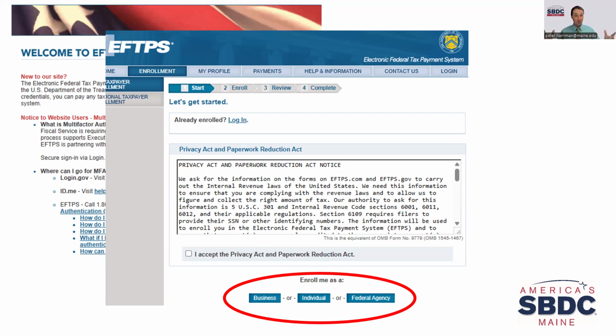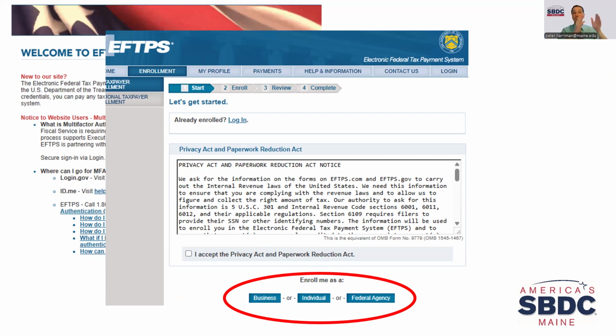But for all of these forms, plus sole proprietors, plus partnerships, the tax is not the business's, the tax is the individual's. So when you sign up for an EFTPS account to pay estimated taxes, you're going to use the individual account to pay those federal taxes, right? And then when you log in, you'll have an estimated tax form you can choose.